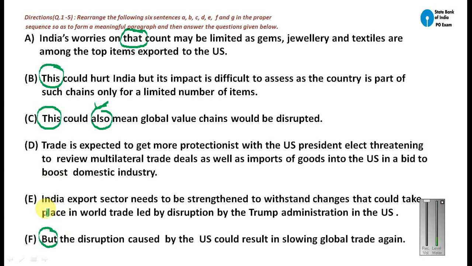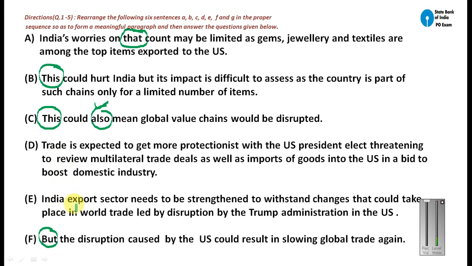In this sentence we are talking about a general thing, but in this sentence we are talking about a specific thing: trade is expected to get more protectionist. So this sentence is general in nature and this sentence is specific in nature, because here we are talking about trade. When you notice these kinds of sentences, you must go from general to specific. First the general sentence will come, then a specific sentence will come.